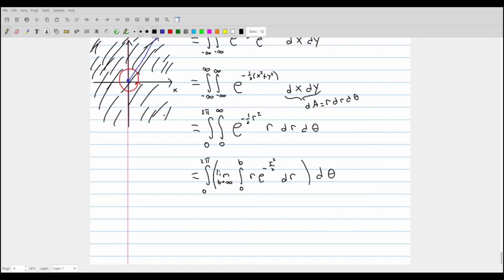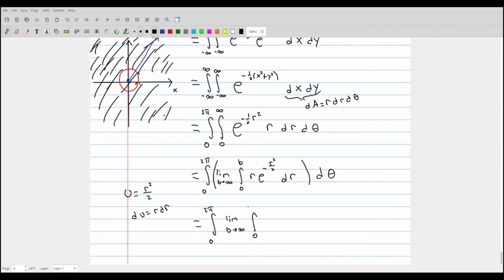And we can simplify this a little bit by using u substitution. So we do a u substitution of u is equal to r squared over 2. Then du will be equal to r dr. This will be the integral from 0 to 2 pi of the limit as b goes to infinity of the integral from 0, and so if when r is 0, u is 0.